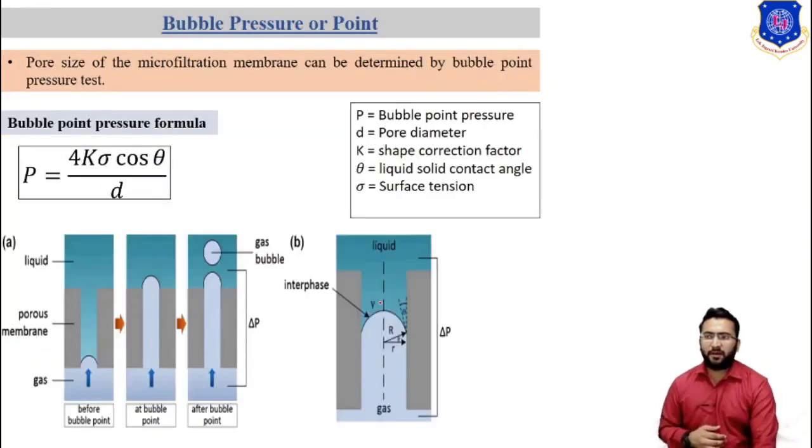Now let's discuss the next method, which is the bubble pressure or bubble point method. The pore size of a microfiltration membrane can be determined by the bubble point pressure test.